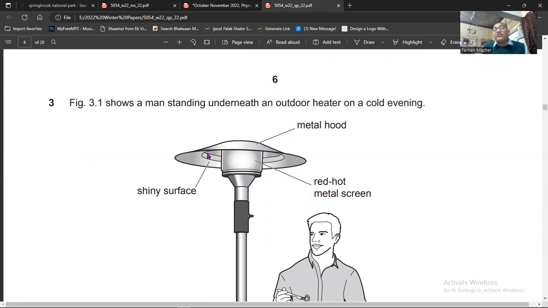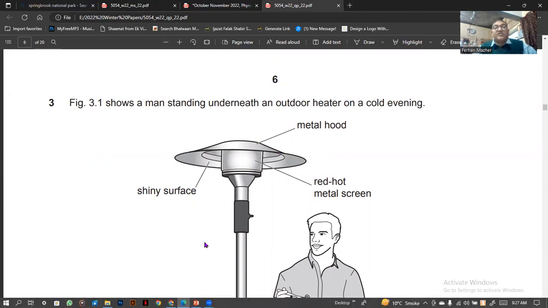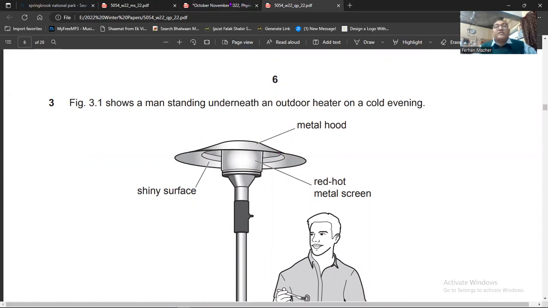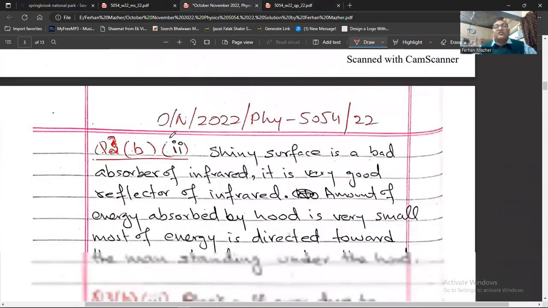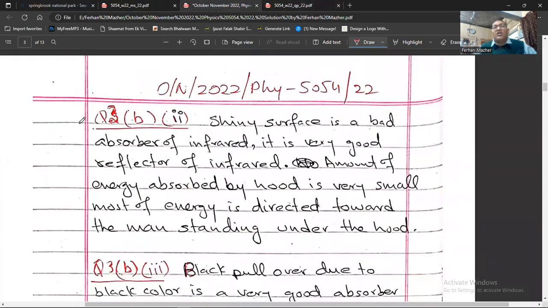It is a very good reflector of infrared radiation, and after reflection they will be directed downward where the man is standing. So it reduces the loss of thermal energy to the surroundings, and it increases the heat absorbed by the man, or heat traveling towards the man. So it makes the heater more efficient.